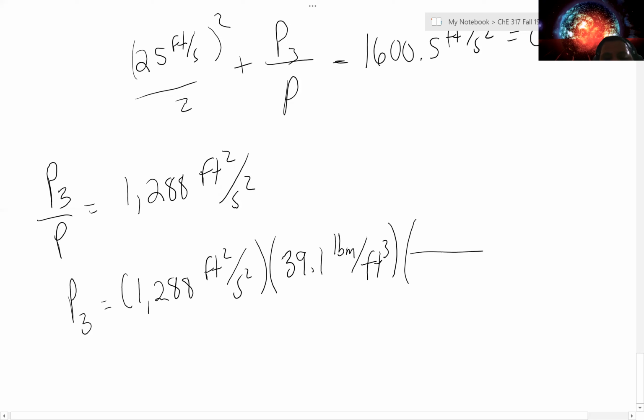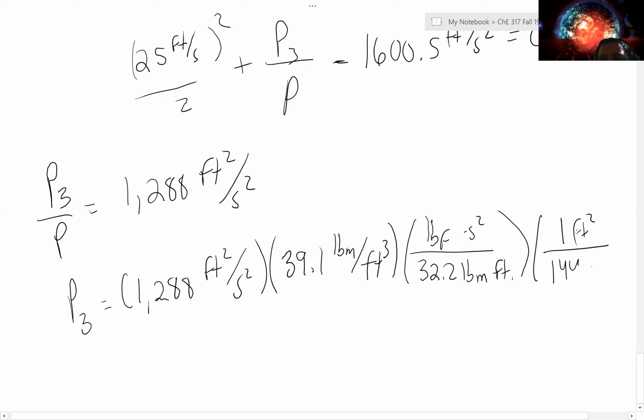And then I just need to divide by g sub c, 32.2 pound mass foot per pound force second squared. And then I need to convert from feet squared to inches squared.